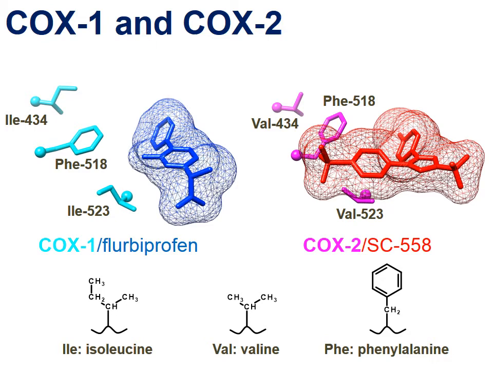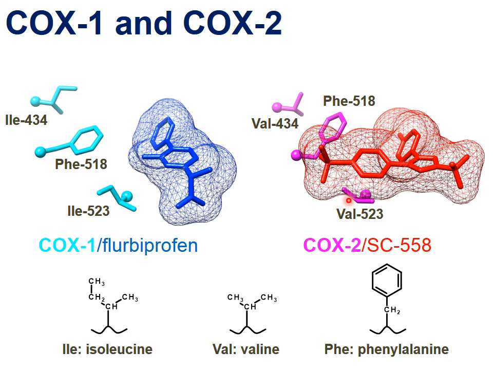So to understand this, I just made these diagrams that just take into account 3 amino acids of the COX-1 and COX-2 enzymes. And so in COX-1, these are 2 isoleucine residues and a phenylalanine. And in COX-2, the amino acids are slightly different but very similar.